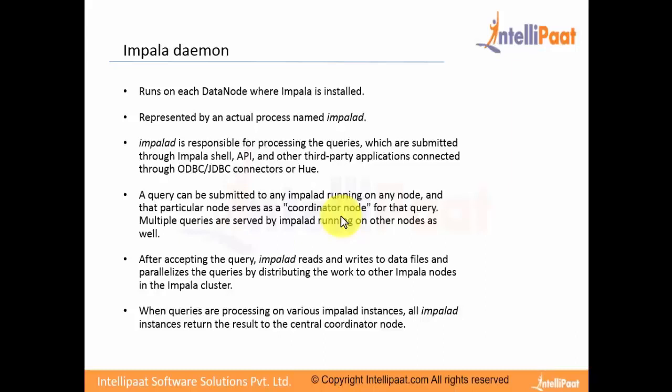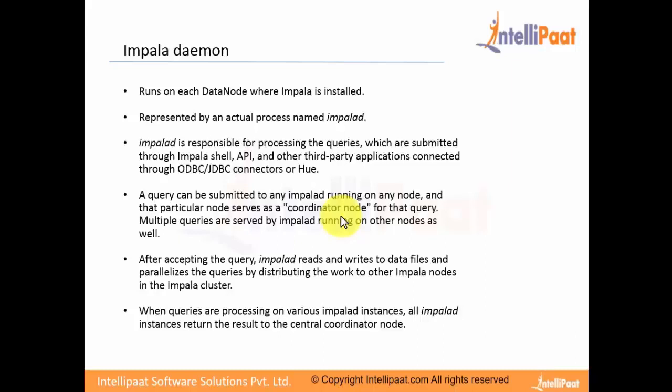Now we are going to have Impala D running on each and every slave node. So if I discuss a sample cluster of 10 nodes where Impala is configured, I'm going to have 10 Impala D processes or services running there.